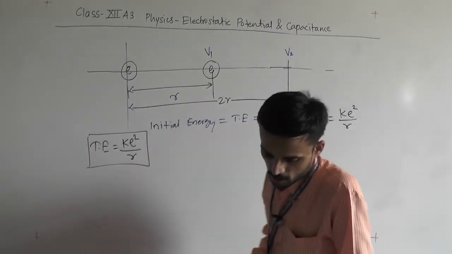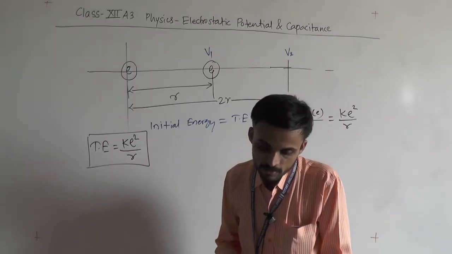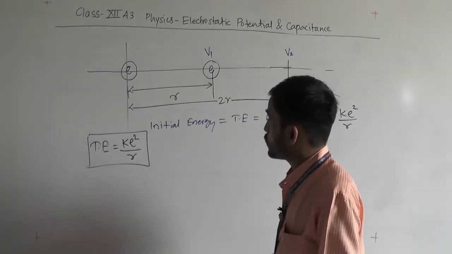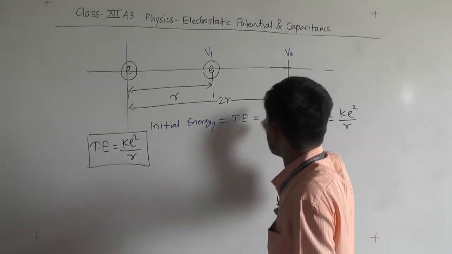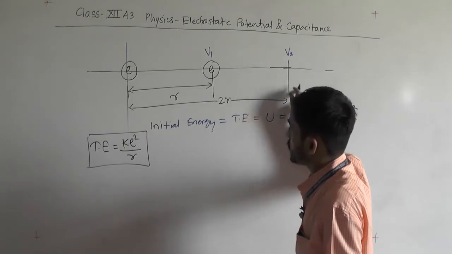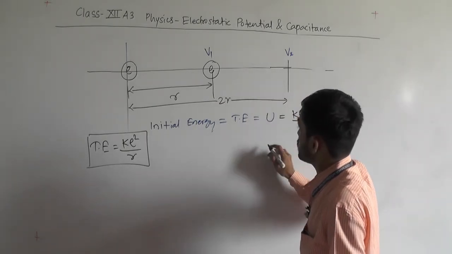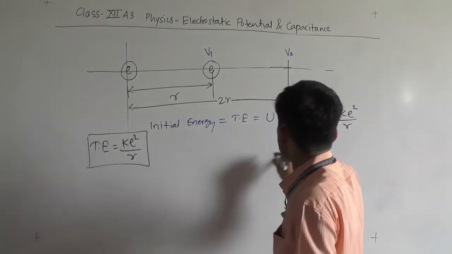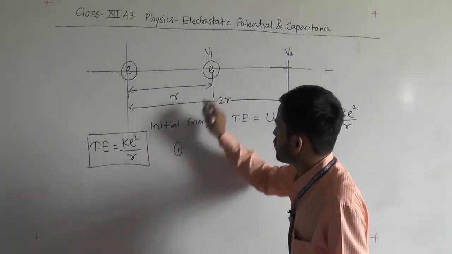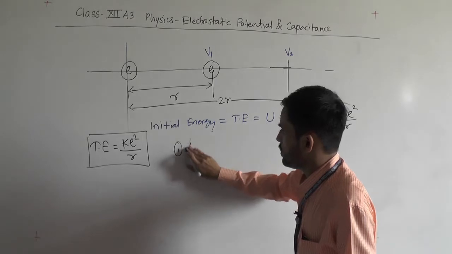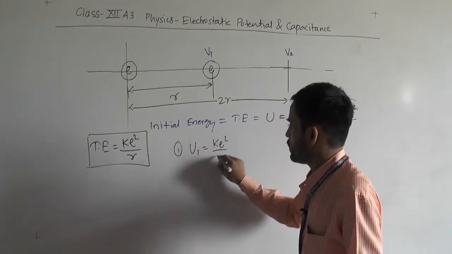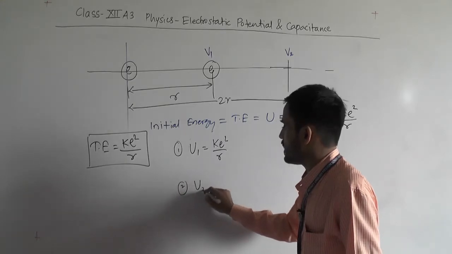Now here the kinetic energy in first case. First I will calculate what will be the potential energy. Here the potential energy will be K E square upon R, the same as before. So U1 will be K E square upon R. Second, U2, how much will it come?